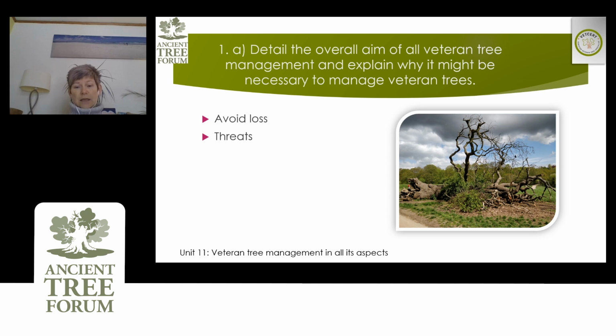It's about ameliorating any threats, removing them if possible and ameliorating them if they can't be removed. So prevention of soil damage, for example, and it may be that you want to add some mulch. It's important that you can explain why it's necessary to manage veteran trees. That's in relation to loss. We want to avoid loss. We want to retain as many as possible.